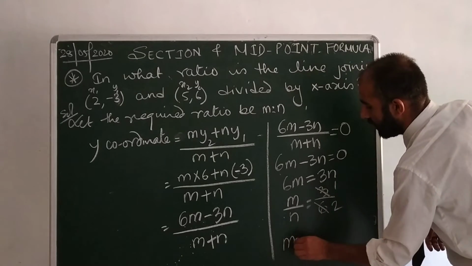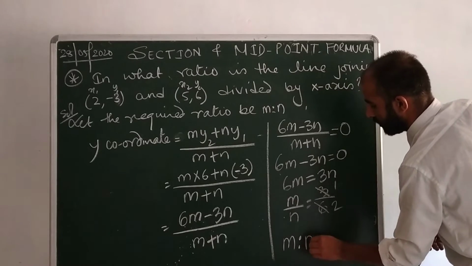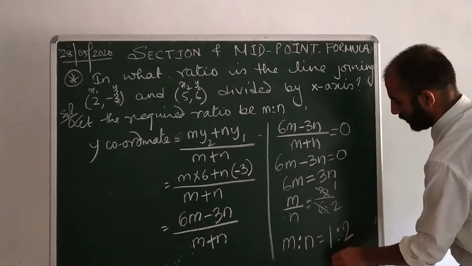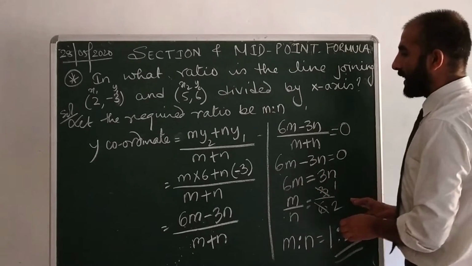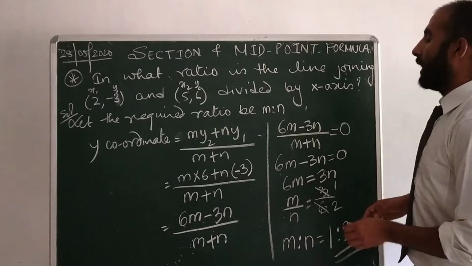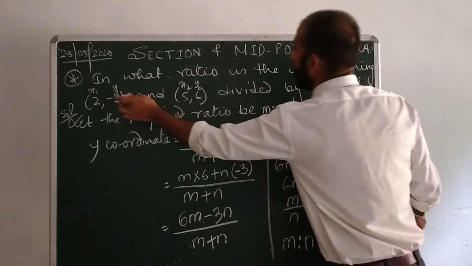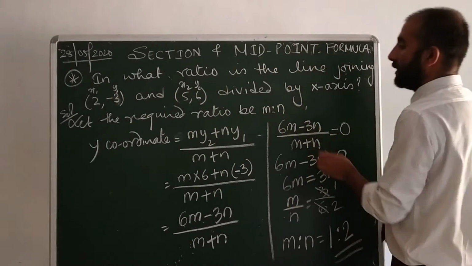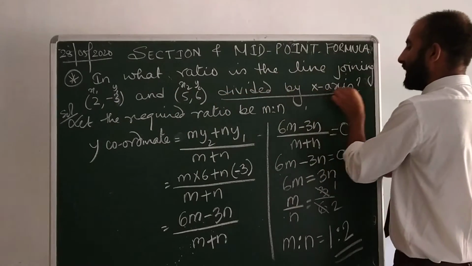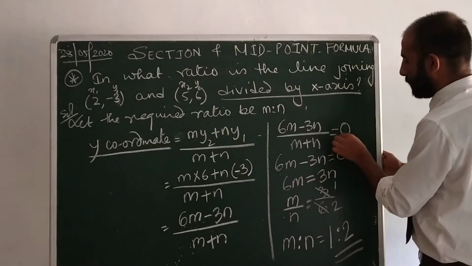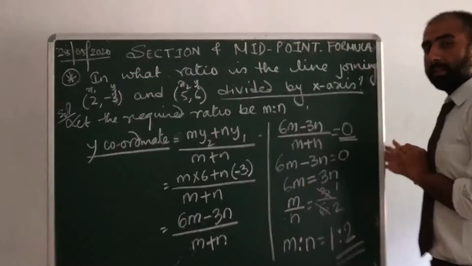Therefore we have got the required ratio, that is 1:2. So we got this answer by knowing that fact. Whenever a line segment joining two given points is divided by the x-axis, then the y coordinate will be 0. Keep that in mind.